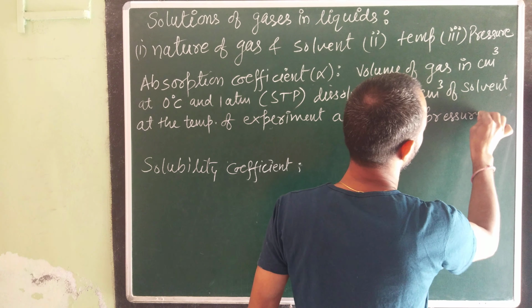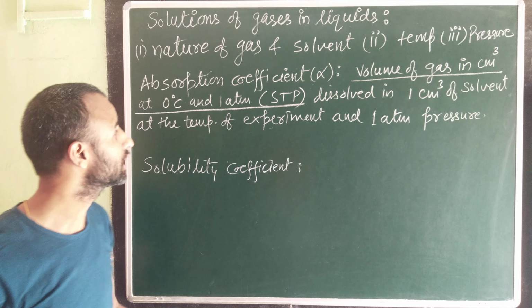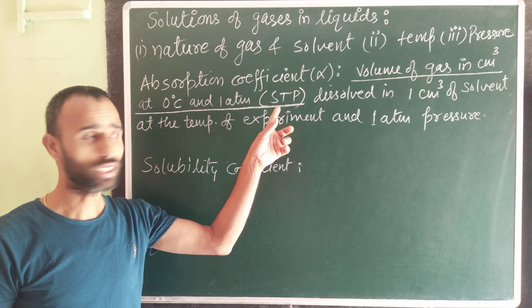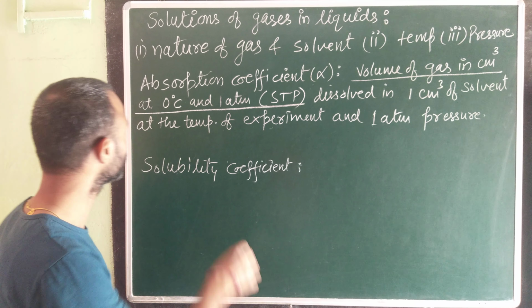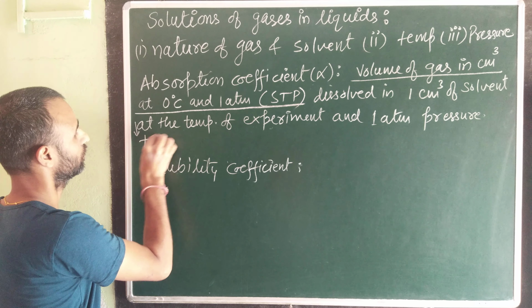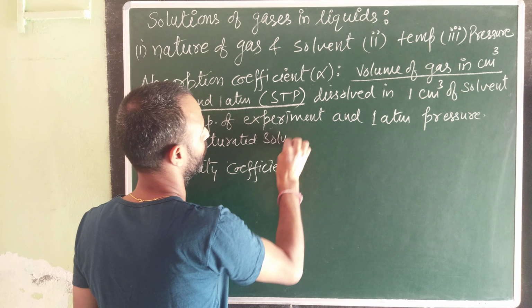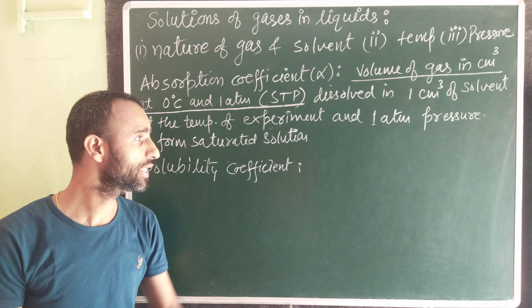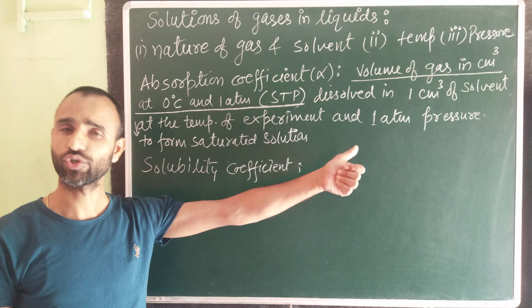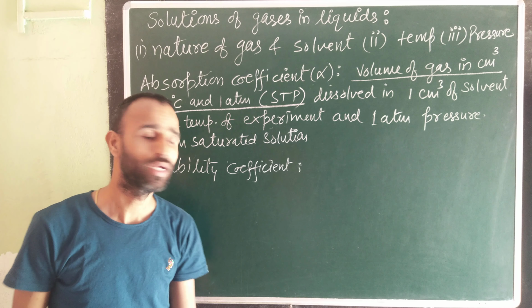See, this is the volume of the gas in cc reduced to 0 degrees Celsius and 1 atmosphere pressure, which is required to be dissolved in 1 centimeter cube of the solvent to form saturated solution at the temperature of the experiment and 1 atmosphere pressure.